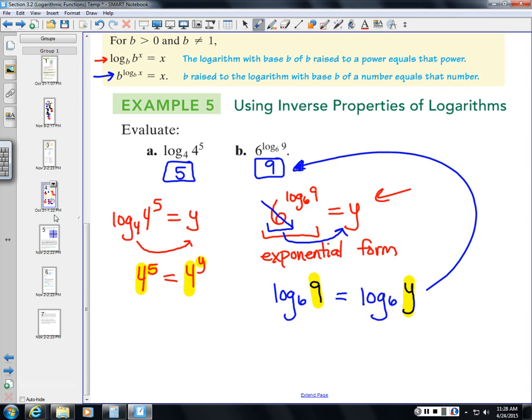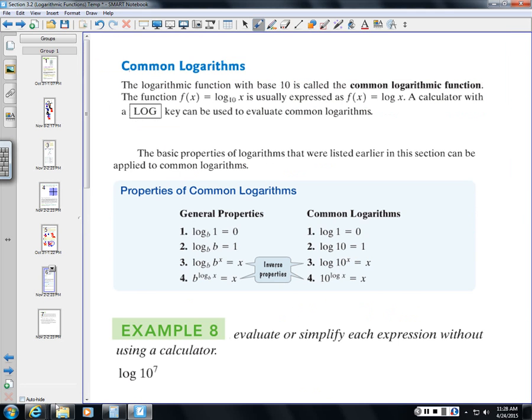Okay. Some of the other properties of logs that we have deal with common logs. Now, this is something that you want to keep in the back of your mind. You need to know the name of the log and then what it is. And the common log, and we've mentioned this briefly in a previous video, is that the log button that you have in your calculator is programmed to a base of 10.